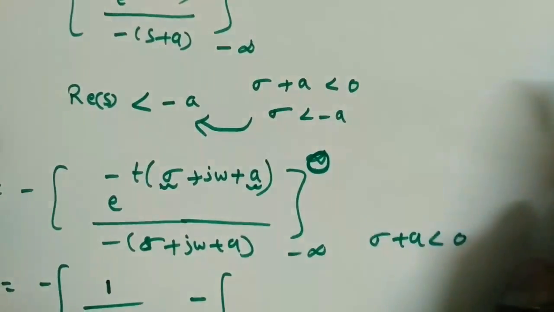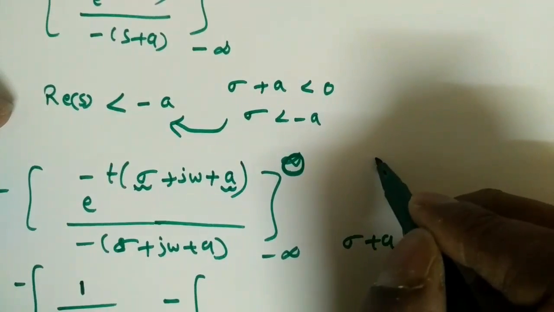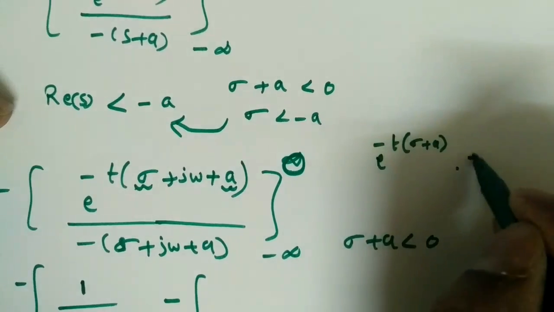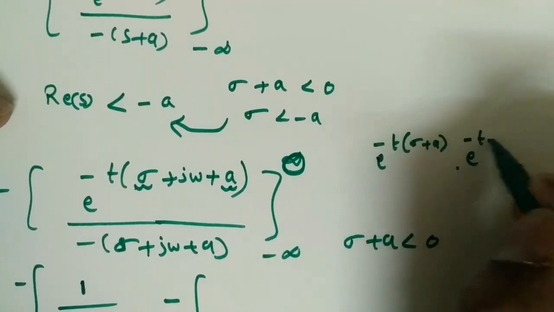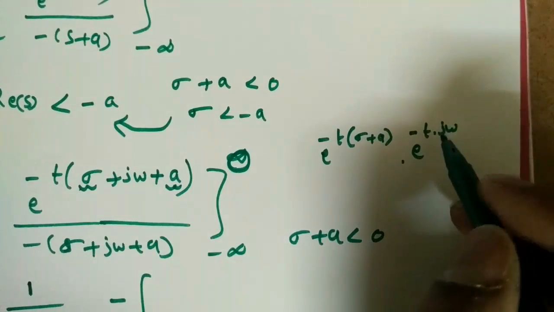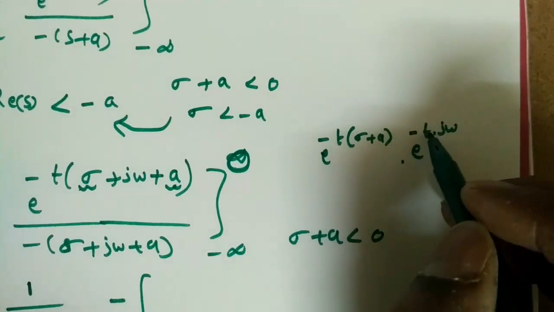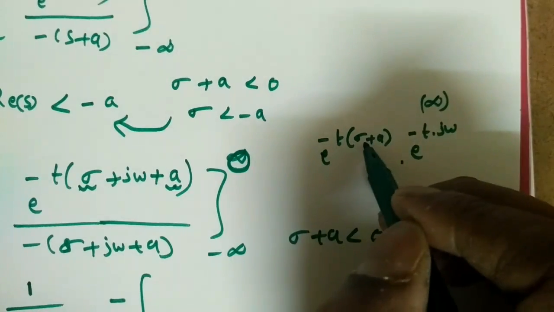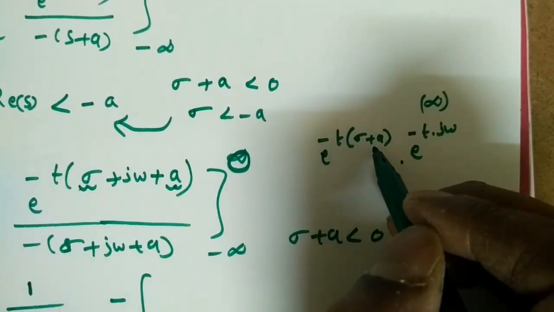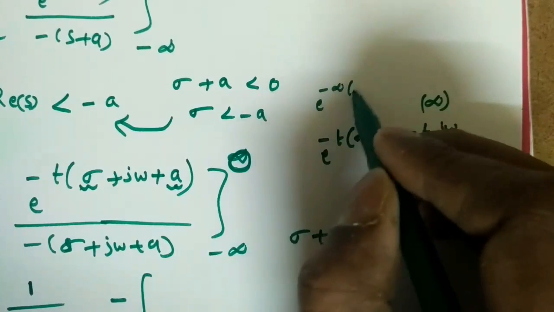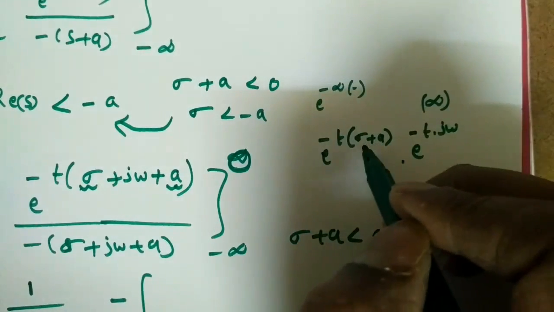So you may think this becomes e power minus t into sigma plus a, into e power minus t into j omega. Now you may think this is infinity: if I substitute minus infinity here, it becomes e power infinity, which is infinity. But here sigma plus a is less than 0, so it will be e power minus infinity into a minus value, right?